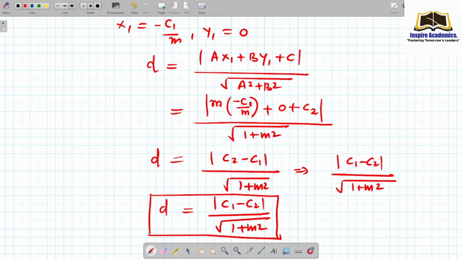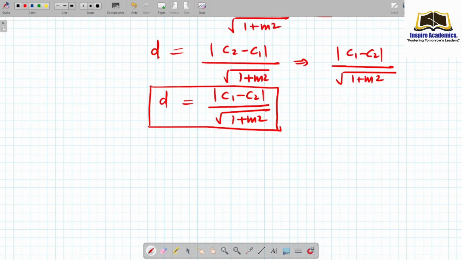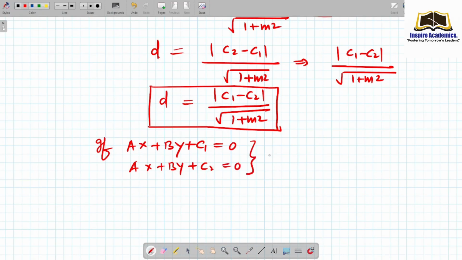All right. Similarly, if you have the standard formula, if ax plus by plus c1 is 0, and another equation is, let us say, ax plus by plus c2 equal to 0. These are two parallel lines. Now distance between these two parallel lines will be what?